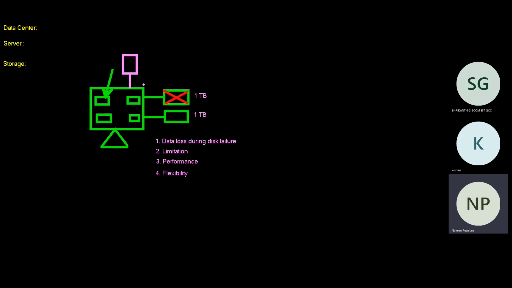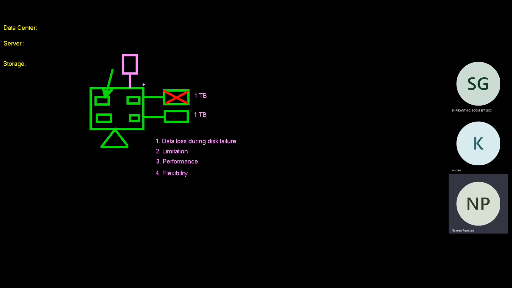Even if you purchase a 1 TB or 500 GB hard disk, out of that you will be using only 50 GB or 100 GB. The remaining 400 GB or 450 GB is a waste, right, if you are not using it, and you cannot share it with any other server, because the hard drive belongs to a particular server.